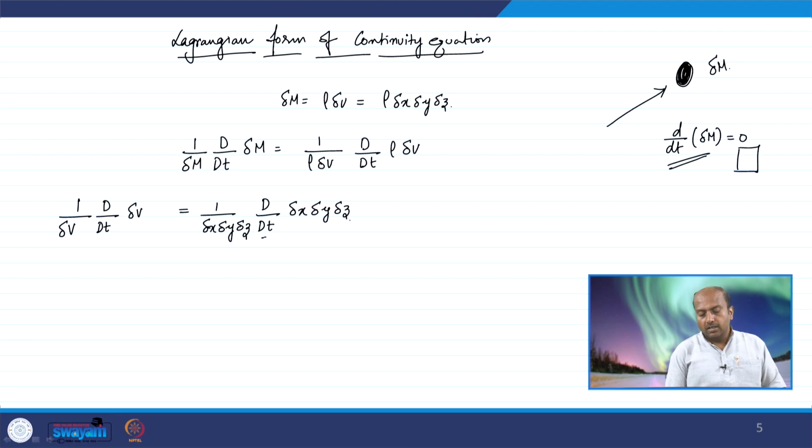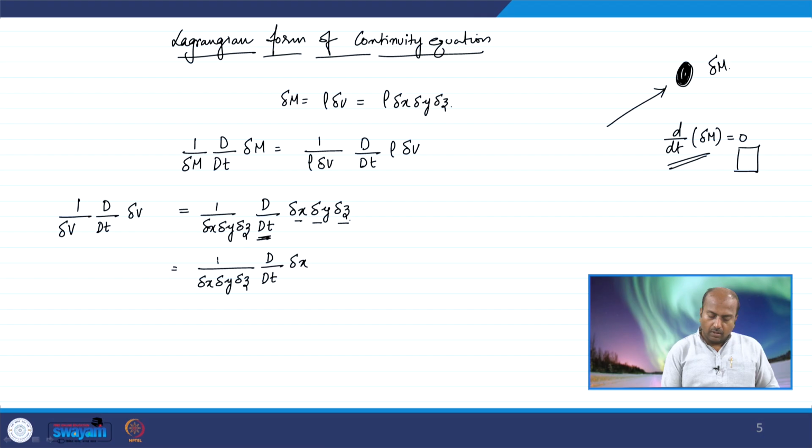So D by Dt acting on this and this in a chain rule, we can write it as 1 by delta x, delta y, delta z, D by Dt of delta x while delta y and delta z are kept constant, plus delta x, delta z kept constant, plus delta x, delta y kept constant.